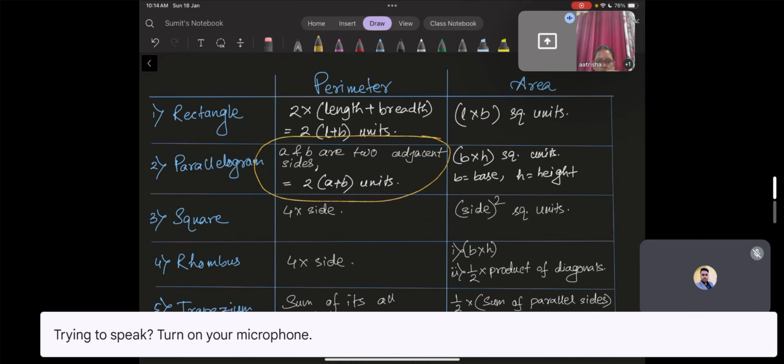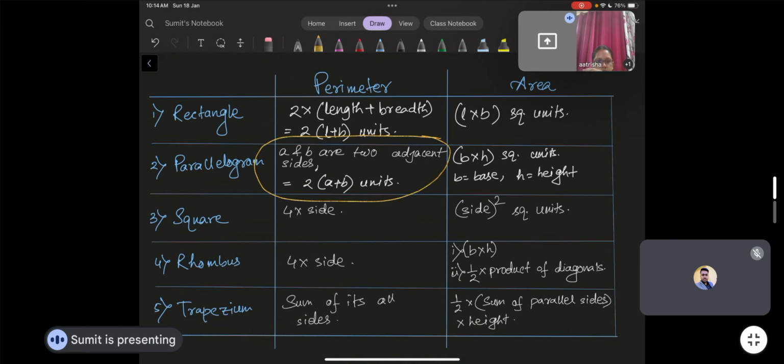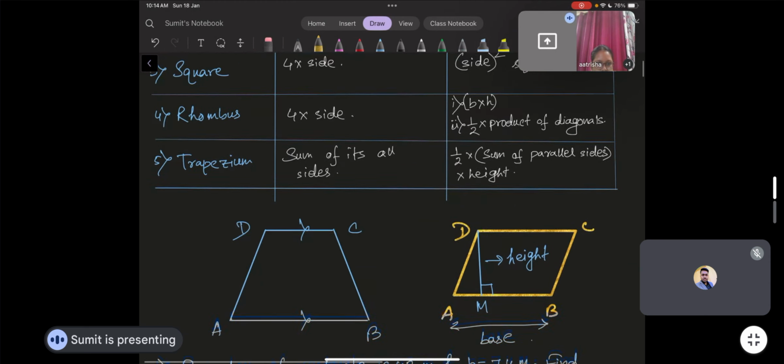Then the formula of the perimeter will be the same, 2 into A plus B, and area equals base into height. Not breadth into height, আমি breadth বলতে যাচ্ছিলাম, তো ওটাকে বলবো base into height. ঠিক আছে? তো b into h আমাদের এরিয়া দেবে। এটাকে যদি ভিজুয়ালাইজ করতে হয়, we have to see these things.